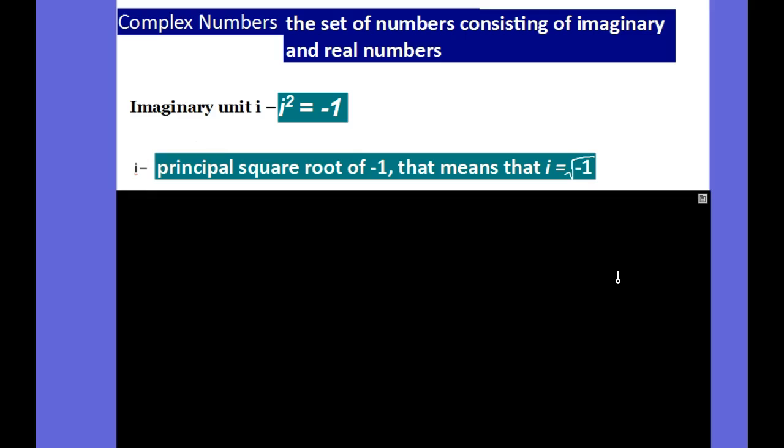Is imaginary unit and imaginary number the same? No. The imaginary unit is the base, I squared.